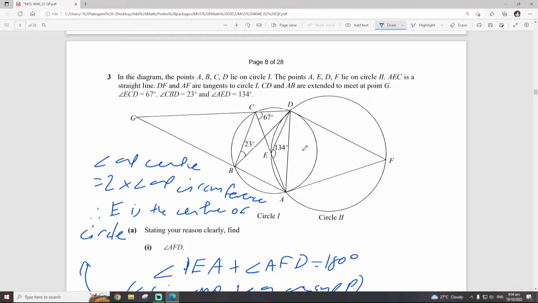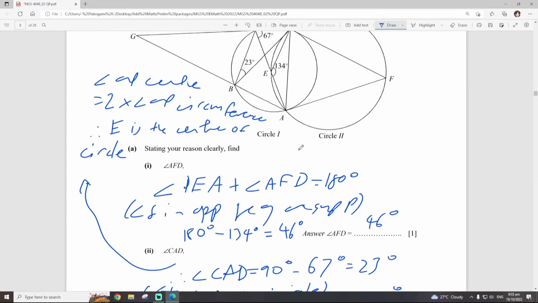So we can kind of see that DF, and we already proved that DF and AF, we kind of suspect that they will be the same length. And I kind of proved it just now, but I didn't write it down yet. And I will just quickly talk a bit about it. DF and AF, oh actually it's already given that they are tangents, what?